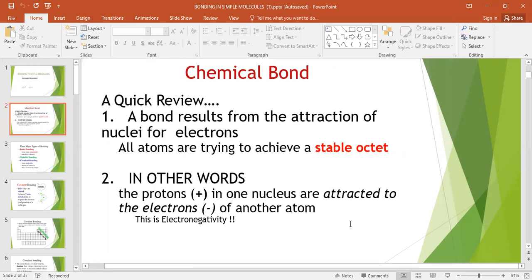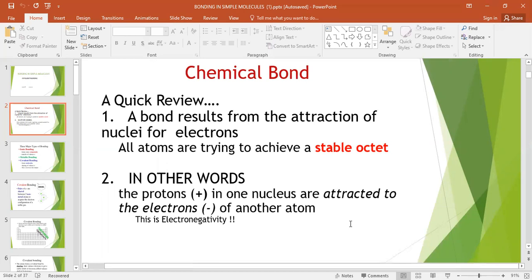When the proton of one atom is attracted by the electron of another atom, maybe chlorine or any other atom, then they will form a chemical bond.